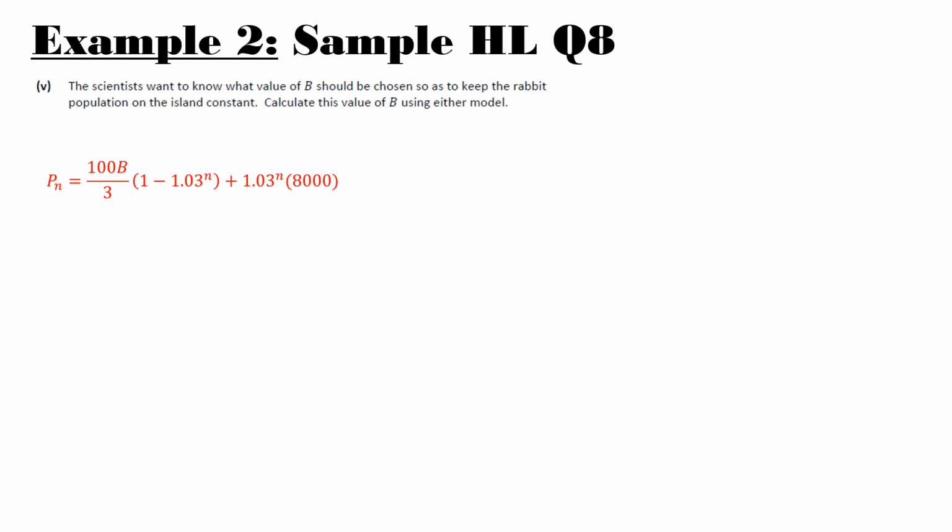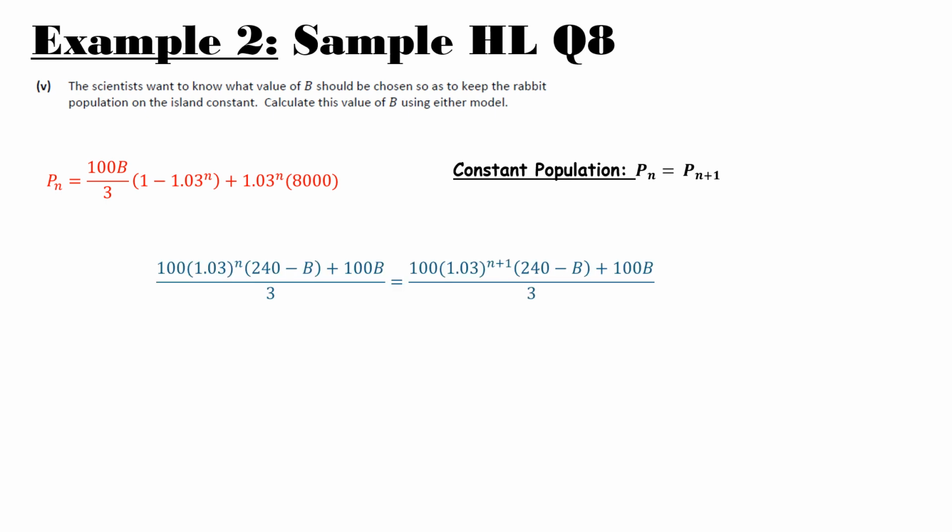Basically, if we have a constant, it means that the population won't change year on year. In simple terms, it means that Pn is equal to Pn plus 1 or Pn minus 1, whatever way we want to work it. So if I equate Pn equals Pn plus 1, I get something like this. So basically I need to figure out our value for B.